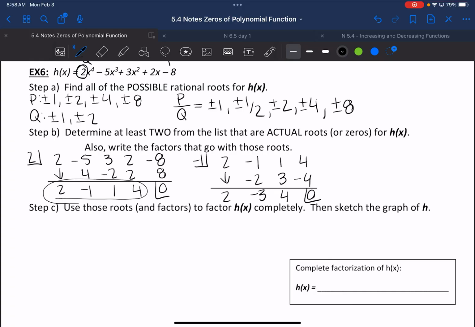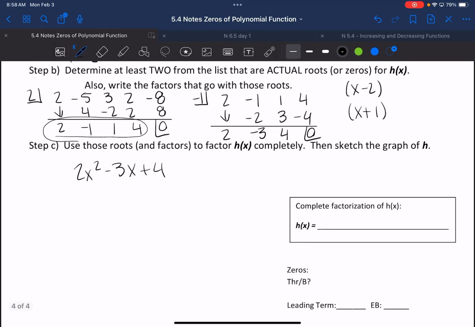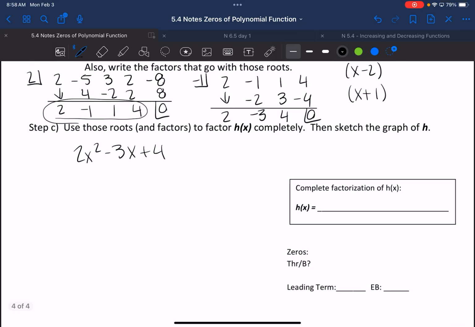All right, so these would be the factors x minus 2 from that first one, right? And x plus 1 from that second one. Okay, and then that leaves us with 2x squared minus 3x plus 4, right? Can we factor that any further? When it asks for the complete factorization on that next line, does 2x squared minus 3x plus 4 factor?